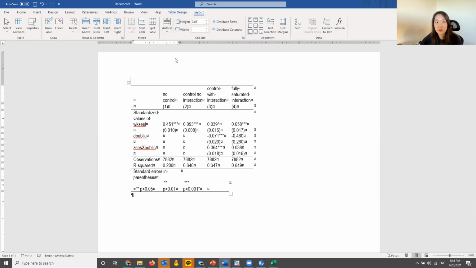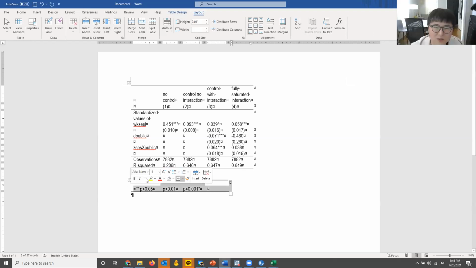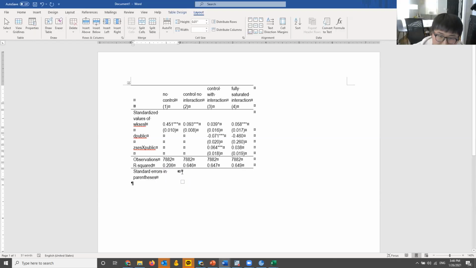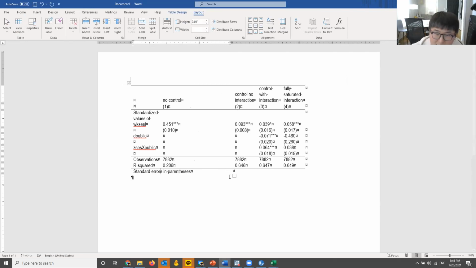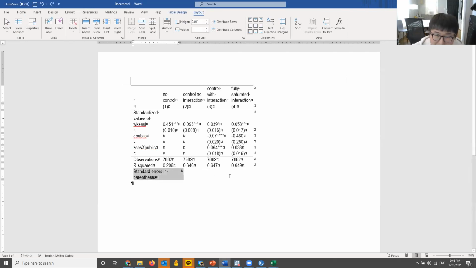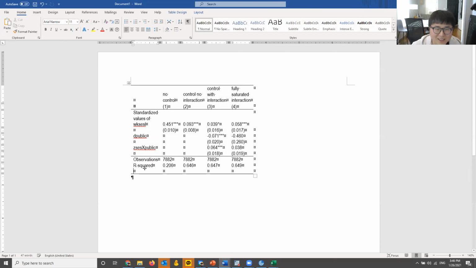Layout. Yeah. It's here. Anyway, then you can write this in, but I think I may have copied the table incorrectly. Right now, the table stops here. So I screwed up. Get rid of this. Add a new line. Add the notes. The notes are really important, right?